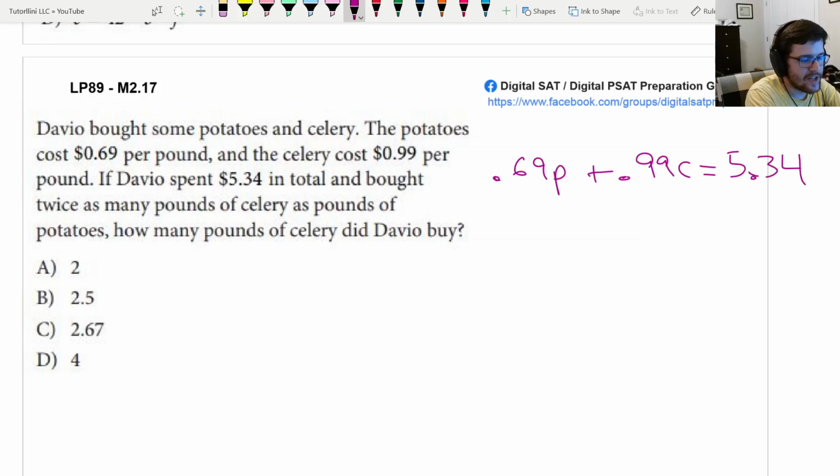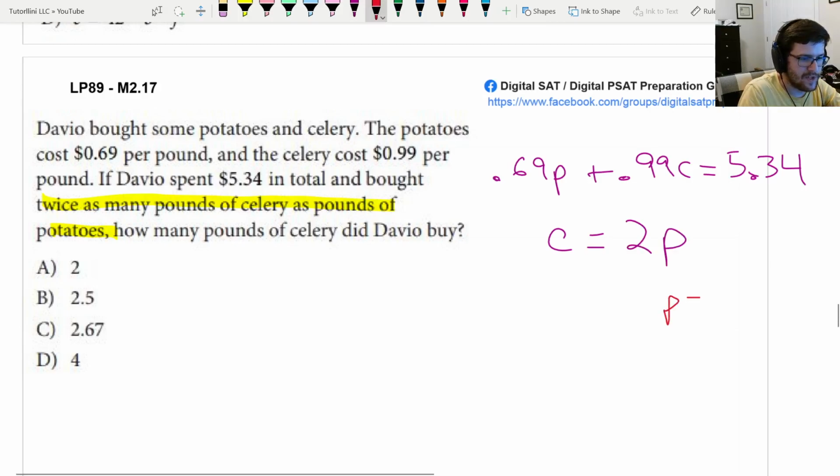And now there's another equation that says he bought twice as many pounds of celery as pounds of potatoes. So the celery is double the pounds of potatoes. So just make sure that makes intuitive sense.